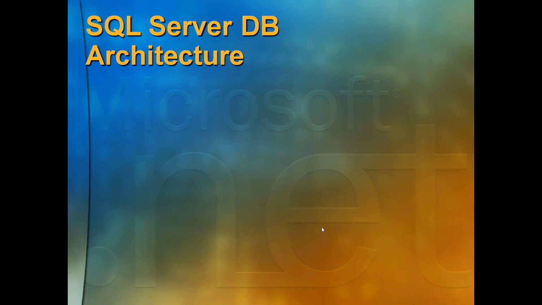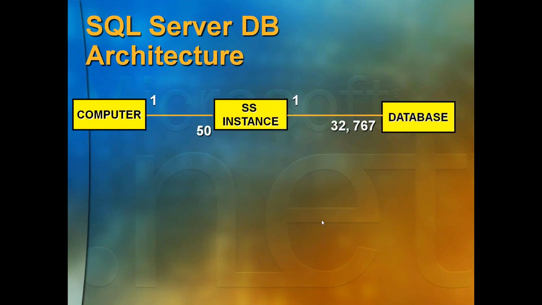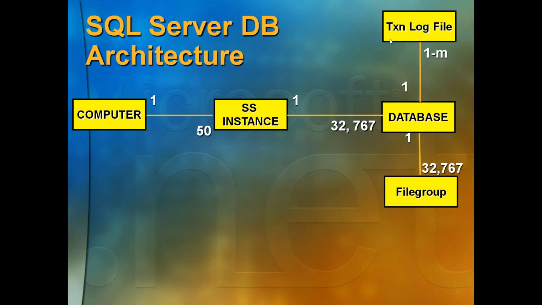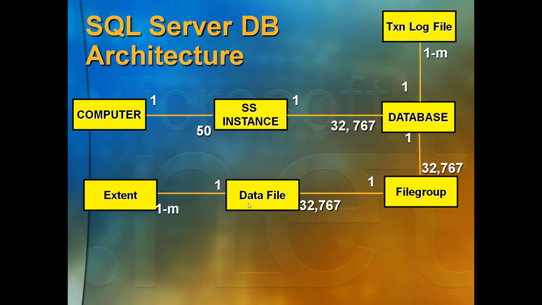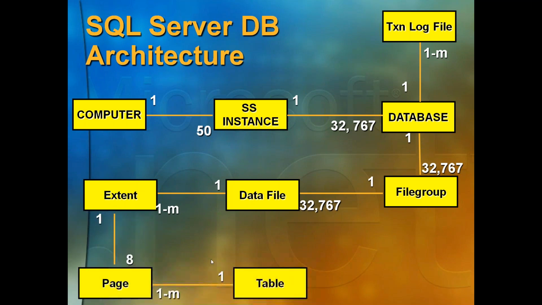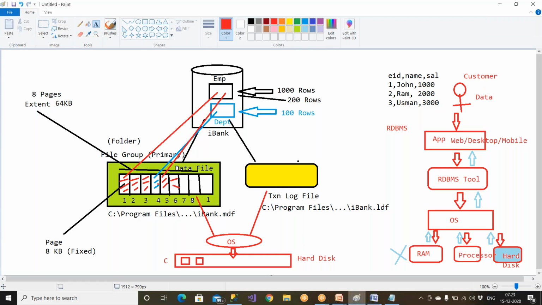Clear? So whenever you create a database, by default one file group, by default one transaction log file, and one data file will be available, and one data file will have one or more extents, and one extent will be having 8 pages. One table data is occupied in one or more pages, right? So if you see the diagram, you can understand. This is one table occupied into more pages.